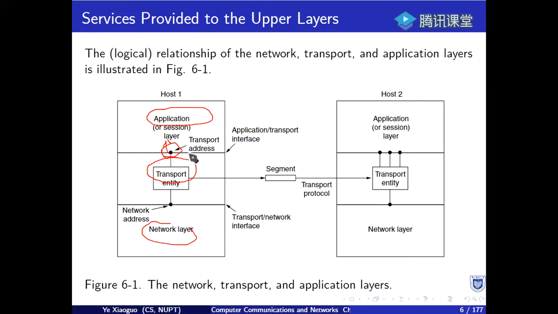The unit of the transport layer is called a segment or datagram. For TCP, it's called a segment. For UDP, it's called a datagram. Figure 1 illustrates the relationship between the network, transport, and application layers in the network architecture.